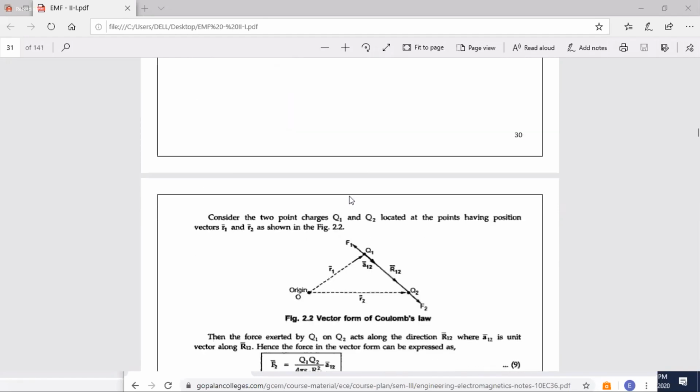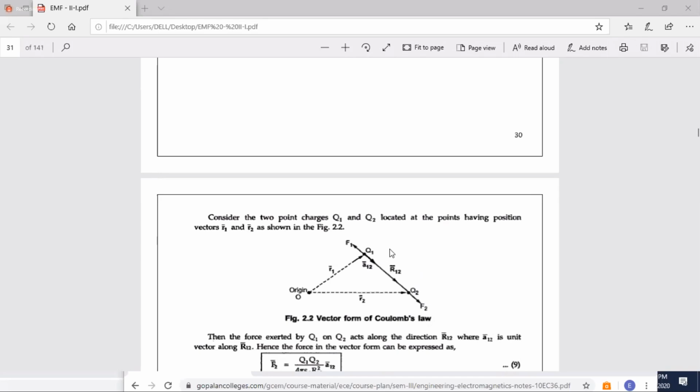We are going to have two point charges, Q1 and Q2, and we are going to want to know what kind of force Q1 exerts on Q2, and Q2 exerts on Q1. They are vectors, right?